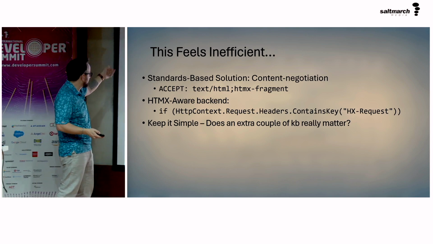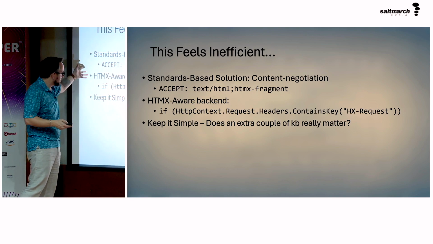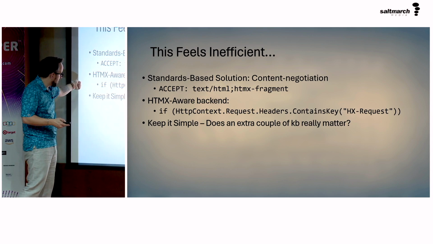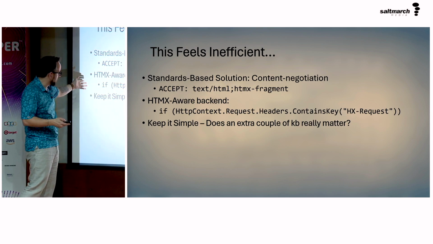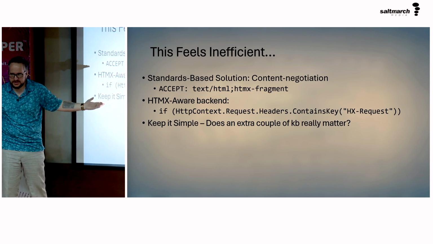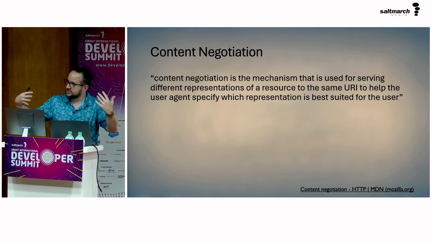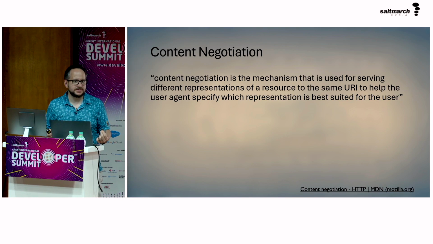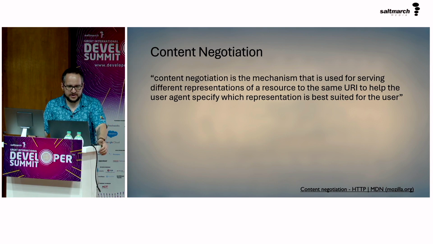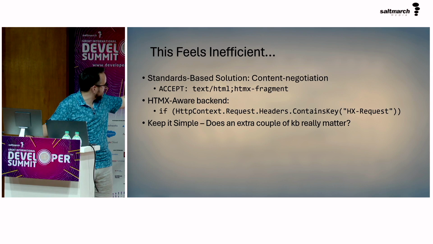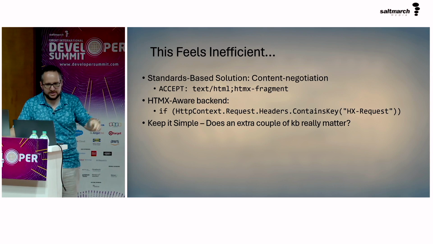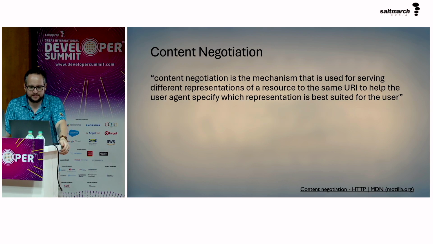Like I said, you've got options, content negotiation, HTMX aware backend with the request headers, or keep it simple. Sometimes it matters, sometimes it doesn't. Content negotiation, just how you can request certain representations of a resource. And that was kind of the example I have here, accept text HTML, semicolon, HTMX fragment, something like that.